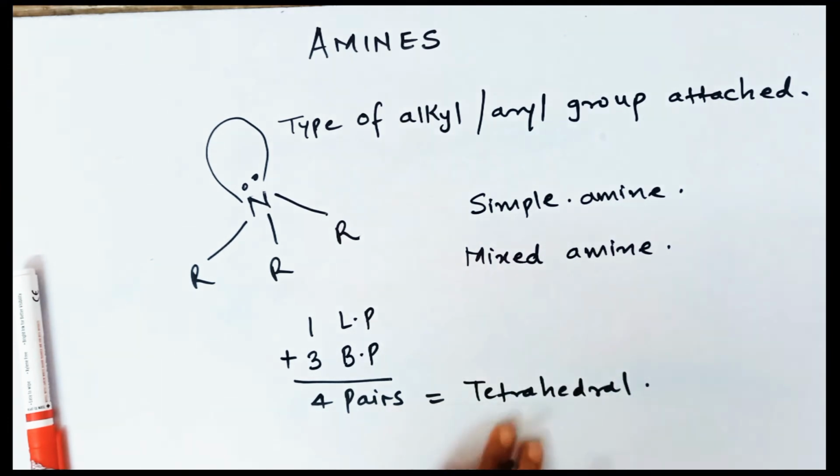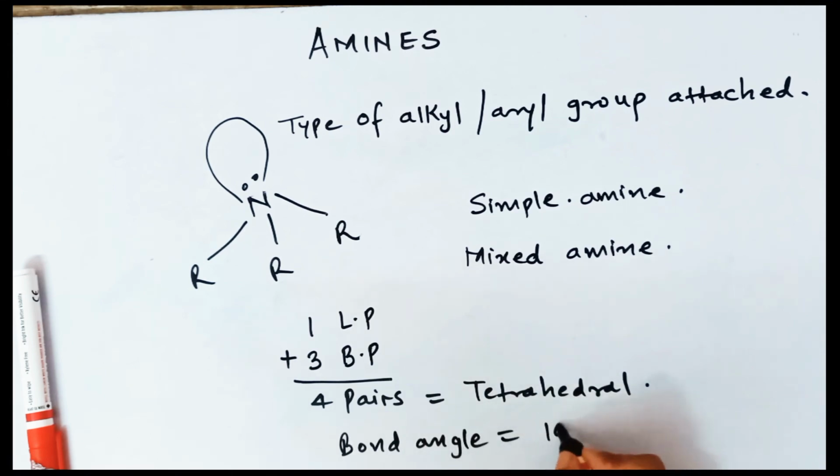Alright, we have a tetrahedral geometry, which means that the bond angle has to be 109 degrees 28 minutes, right? So the bond angle, we can say, should be 109 degrees 28 minutes.